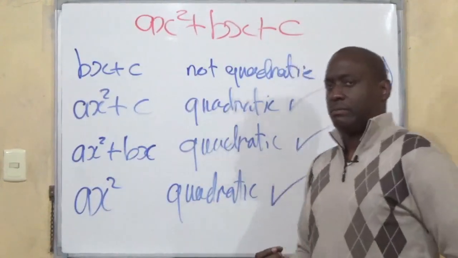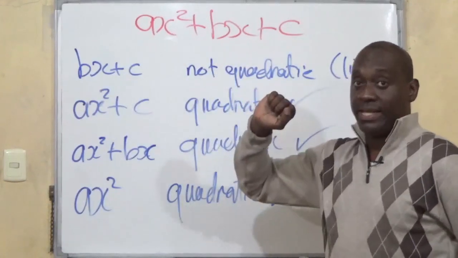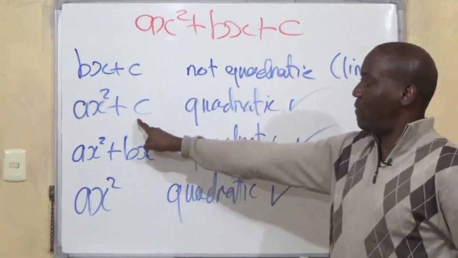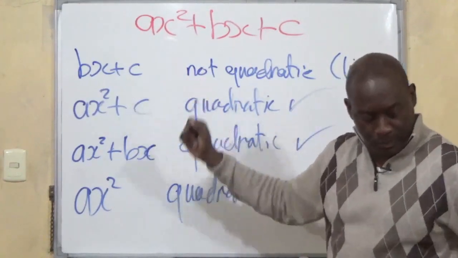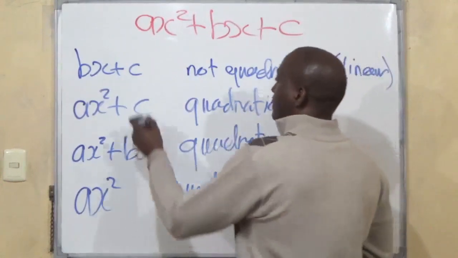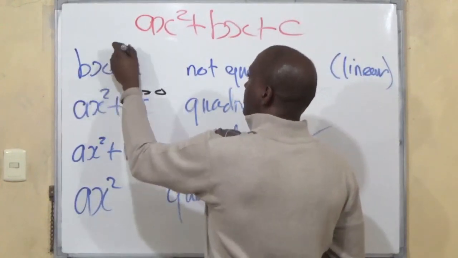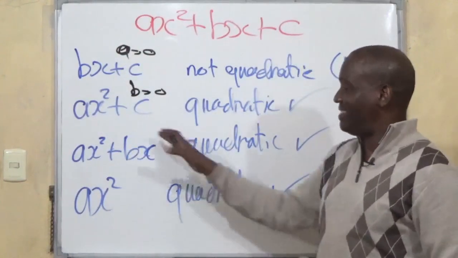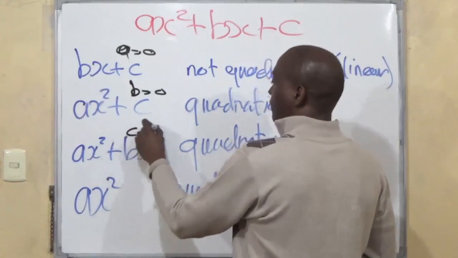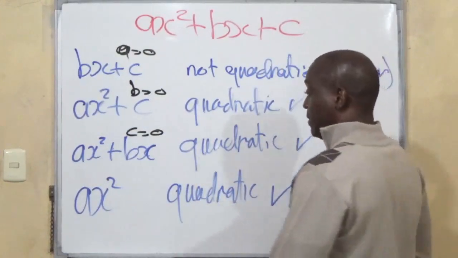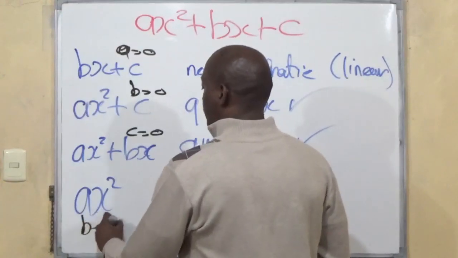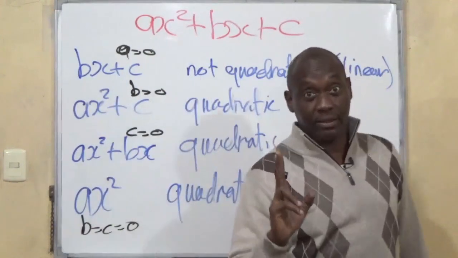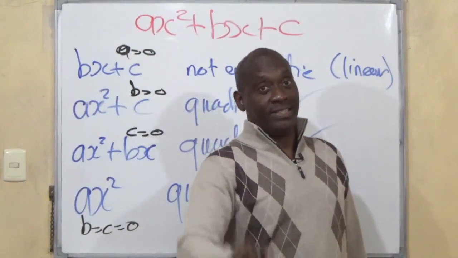Anytime you have a quadratic, remember a general quadratic is ax squared plus bx plus c. If you have a situation where b is equal to 0, or we have a situation where your c is equal to 0, or you have a situation where b and c are both equal to 0, in either one of these three cases, we do not use the AC method.